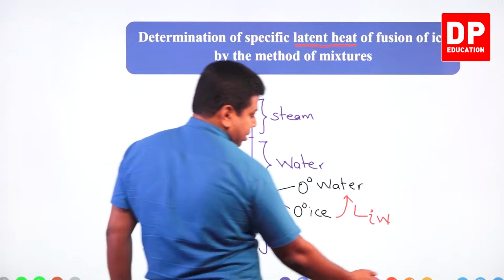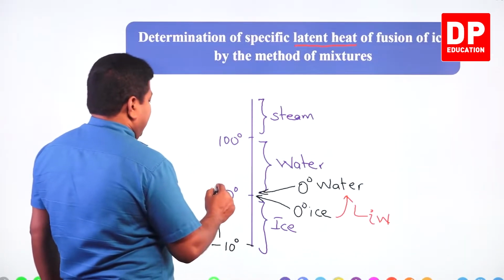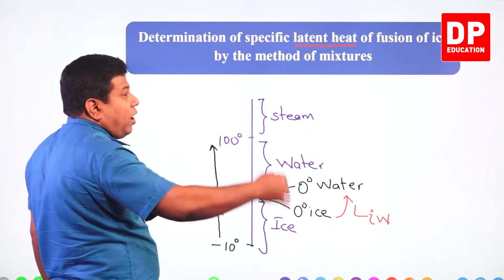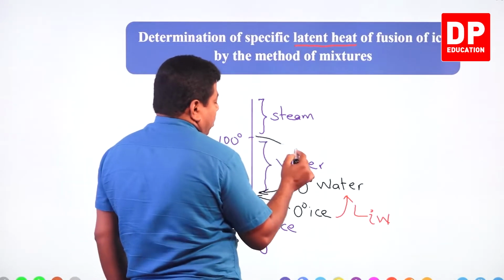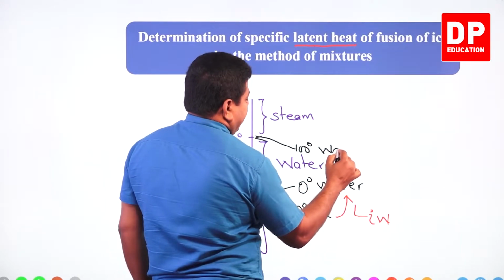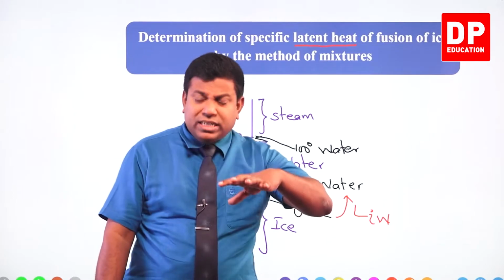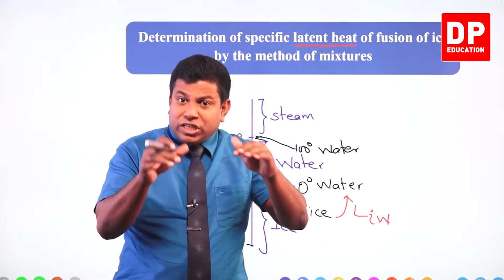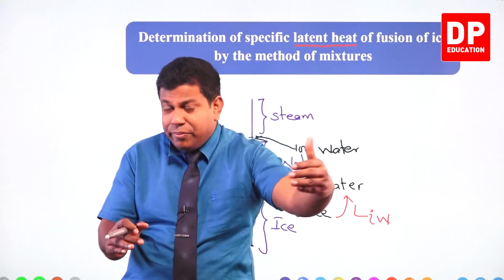Similarly, now it has become 0 degree water. Keep heating it up. When it comes to this point, it's going to be 100 degree water. 100 degree water means it's water which is boiling. It has reached the boiling point. It's at 100 degree. It is not yet steam.